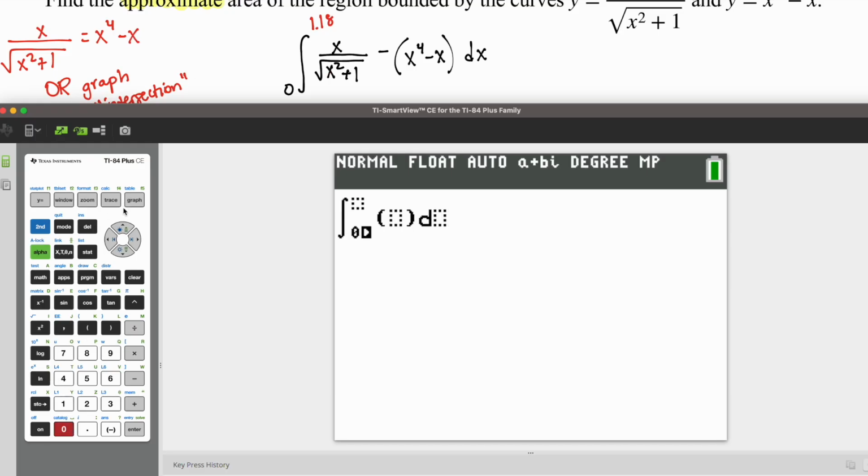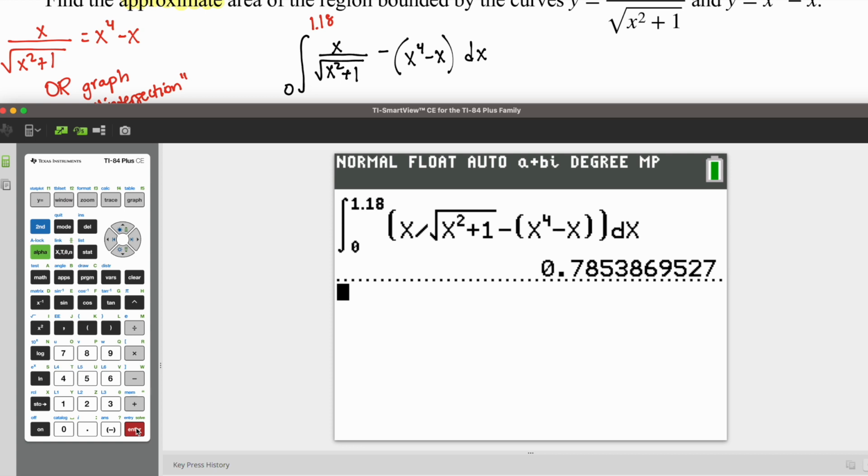From 0 to 1.18, and then it's going to be x divided by, minus a parentheses, and then you need to close that parentheses back, and then you're saying that is according to x. Hit enter, and there's your answer at 0.785.